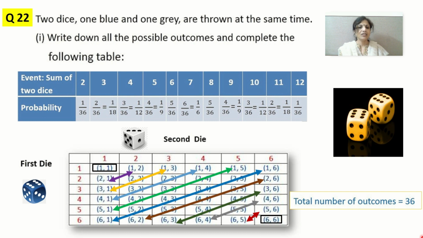Alright, so this is how you have to find out. Very interesting sum. Total outcomes here, when you throw two dice together, total number of outcomes is equal to 36. And based on that, you had this table to fill up and solve the sum.